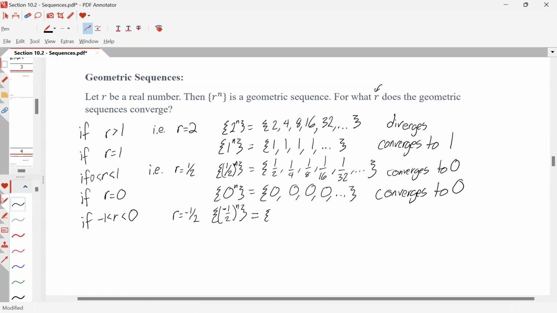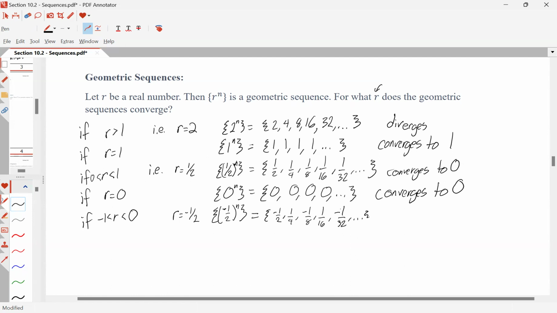Because when n equals 1, -1/2 to the first is negative. And when we square a negative, we get a positive. Cubing a negative, we have a negative. And so the signs switch back and forth.